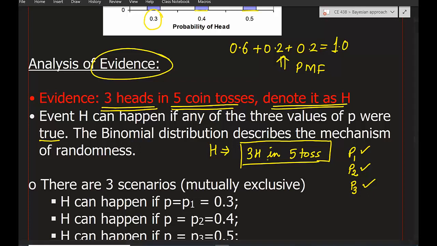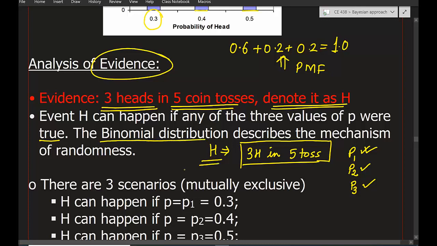We'll understand this soon. For getting 3 heads in 5 tosses corresponding to P1, I can use the binomial distribution to find the probability of getting 3 heads in 5 tosses with probability P1.